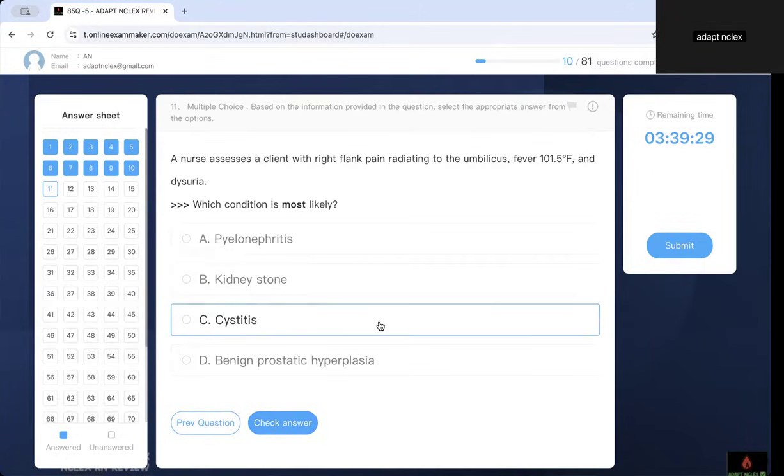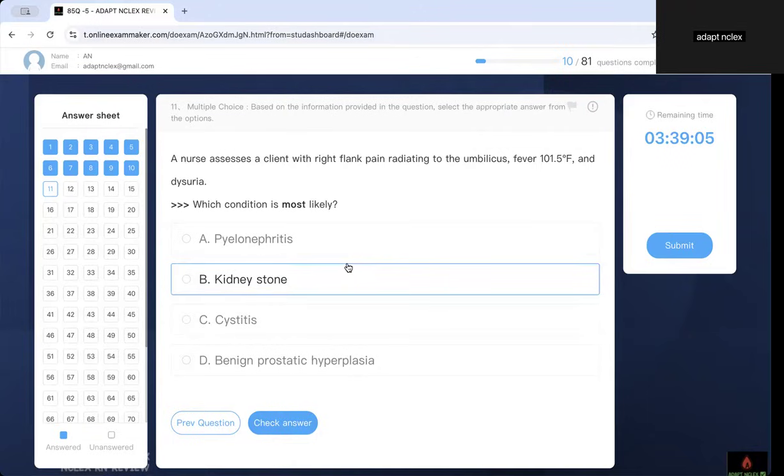Number 10. Number 11. A nurse assesses a client with right flank pain radiating to the umbilicus, right? Patient has fever and dysuria. Which condition is most likely? Can you make a diagnosis based on the symptoms? That's what one of the subscribers told me. They're giving you symptoms and you have to come up with the diagnosis.